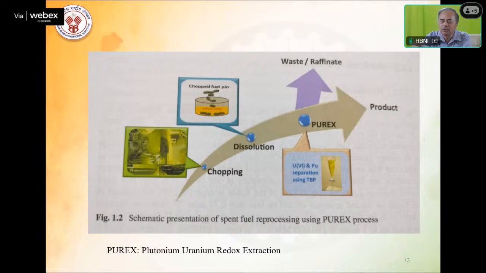So this plutonium and uranium are taken away by the organic phase in the TBP, and the HNO3 carries all the fission products along, which comes as waste, called raffinate. And uranium and plutonium get separated using TBP. Then finally, from this solvent, we recover the plutonium also as a final product. So that is the process.